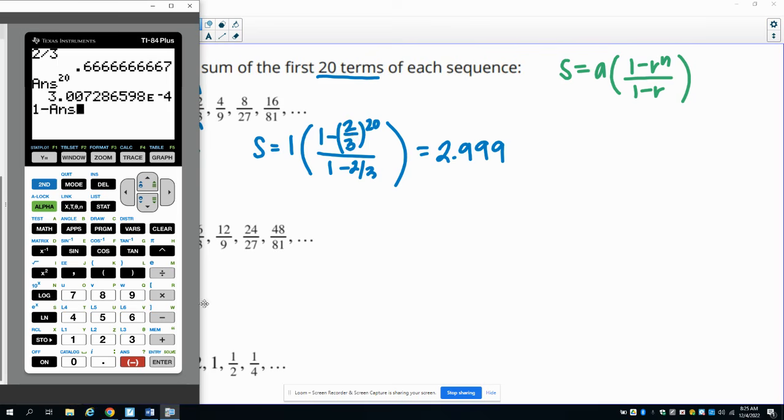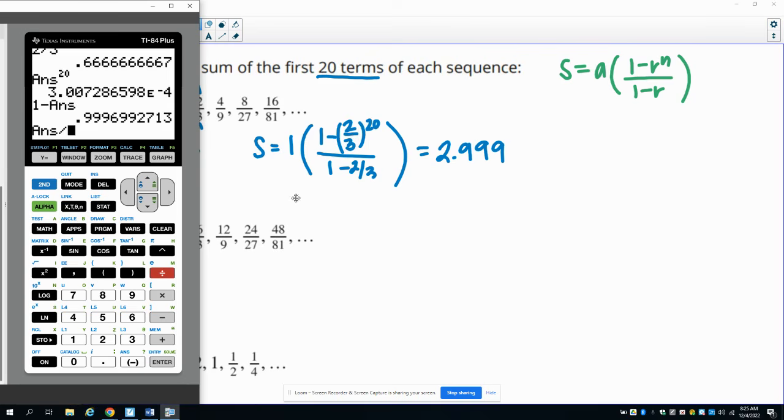So now you're doing 1 minus this. And then you're going to divide that by this whole bottom. So I would put a parenthesis there to get 1 minus 2/3. And then you'd be taking it times 1, which won't change it in this case, but we got to that same answer. So make sure whatever calculator you're using and however you do it, that you're getting 2.999.